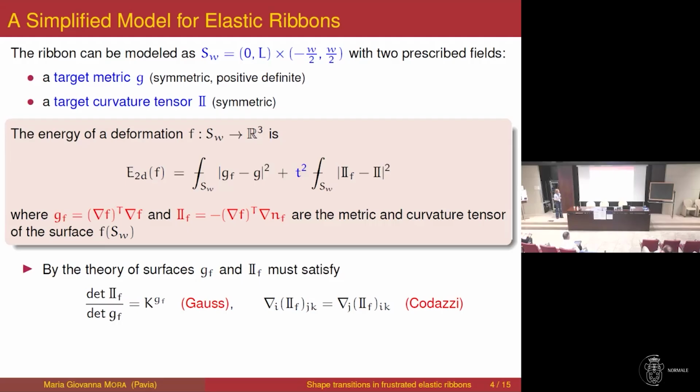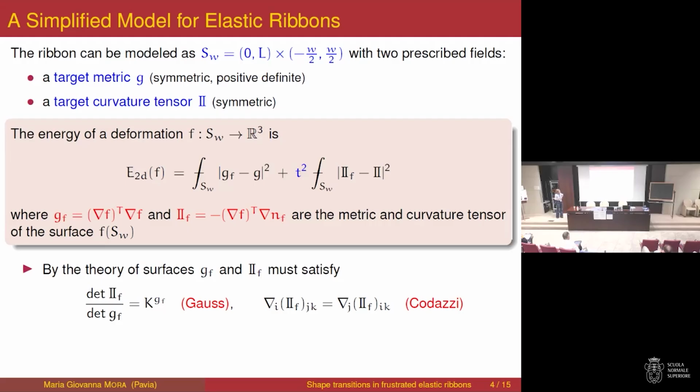More precisely, 3 equations. The first equation is the Gauss equation, relating the determinant of the second form to the Gaussian curvature that you compute starting from the first form. And the 2 Codazzi equations that basically state a symmetry property of the covariant derivatives of the second form.